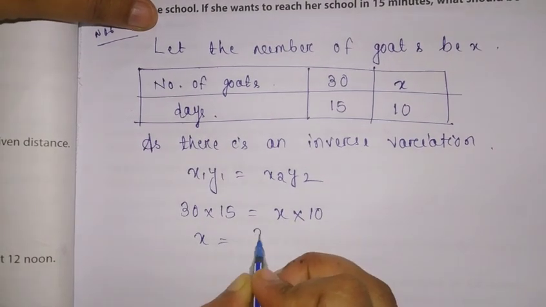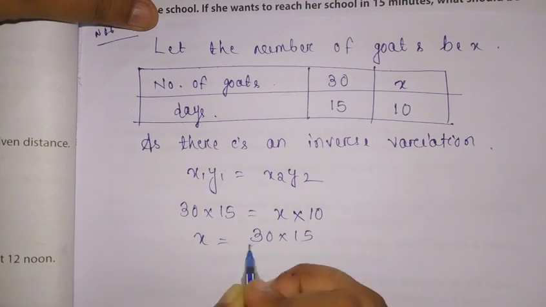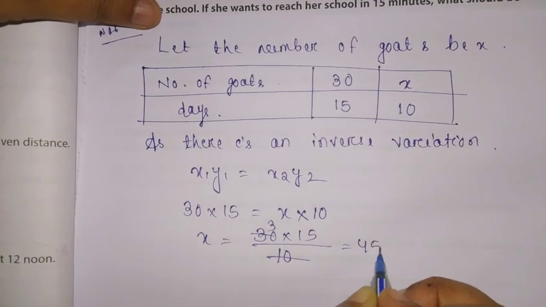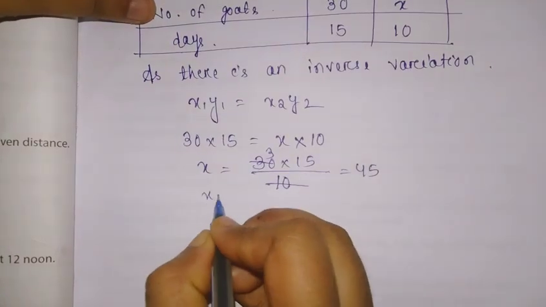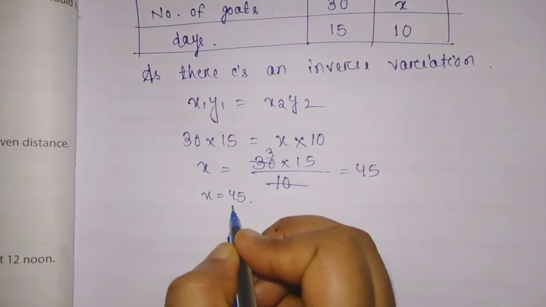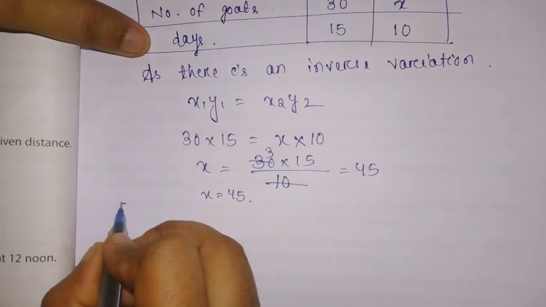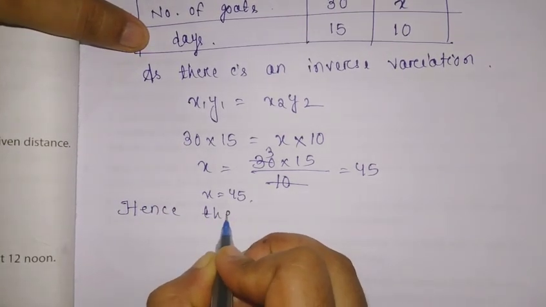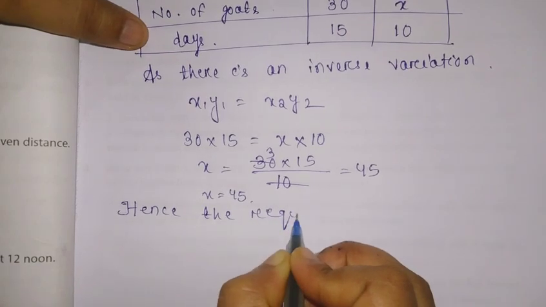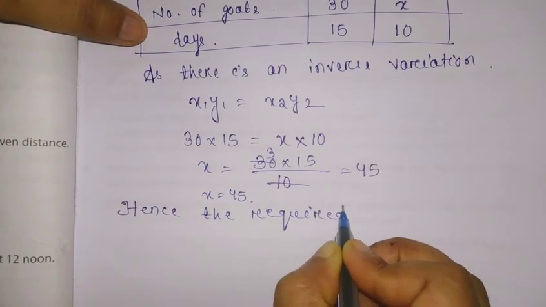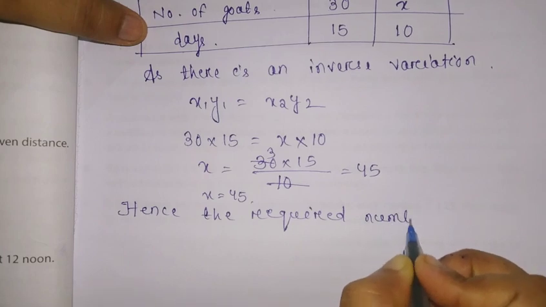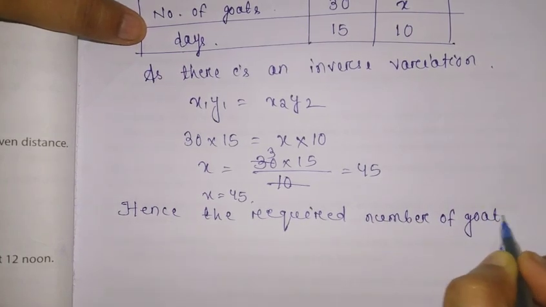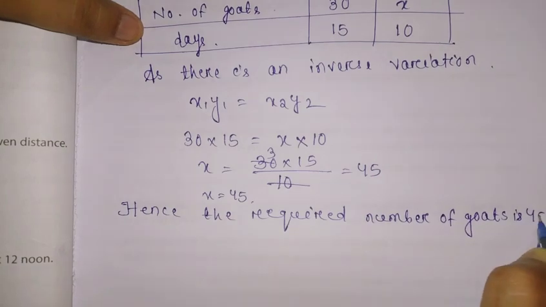Then x equals 30 into 15 divided by 10. Then 10 threes are 30, 15 threes are 45. X equals 45. Hence, the required number of goats is 45.